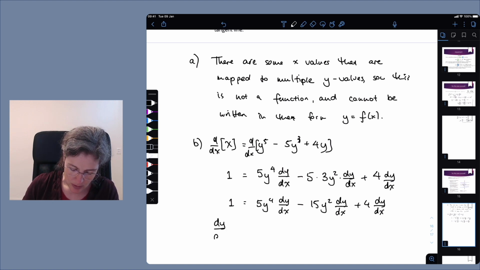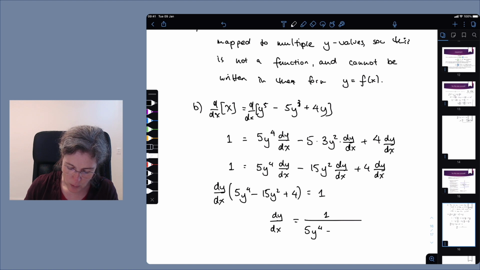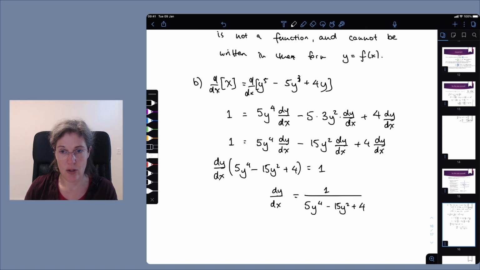So I've got dy by dx times (5y to the 4 minus 15y squared plus 4) is equal to 1. Nice, all we have to do is divide through by the 5y to the 4 minus 15y squared plus 4 term. So we've got 1 over 5y to the 4 minus 15y squared plus 4. And there we go.